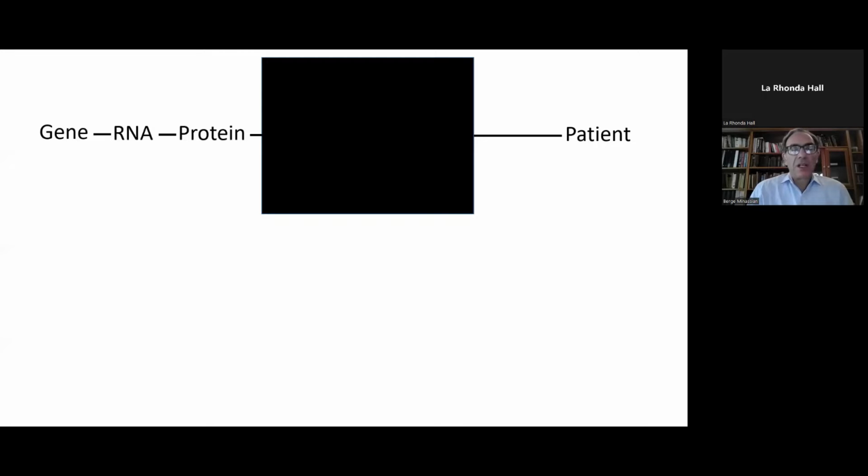Another example is if you need a particular protein in a very specific part of the brain, and if that protein is not there, you can have a focal abnormality, like a focal epilepsy that may require surgery. But the most common situation is if it has to do with developmental diseases.